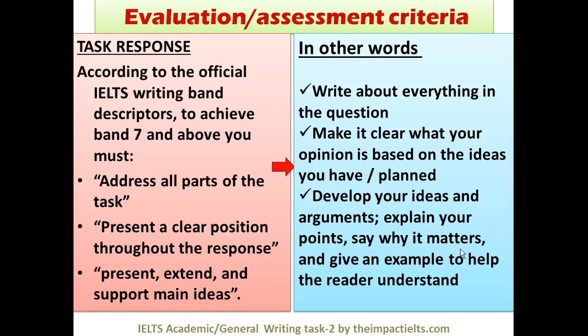Develop your ideas and arguments, whatever you are saying. Develop means you have to give the logic, explain your points, say what it is, why it matters, and give an example. So to sum up what you're doing, just answer everything. Your opinion, if asked, must be clear, and your ideas must be supported by logic and examples. That was task response, right?